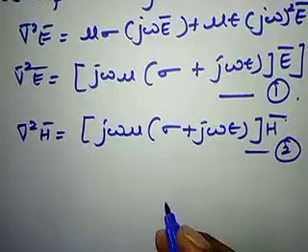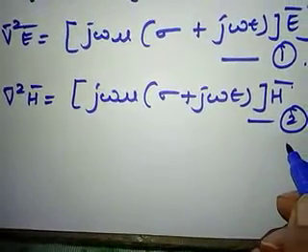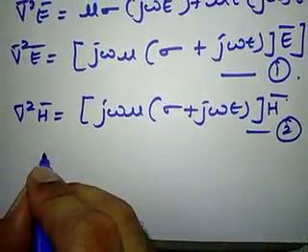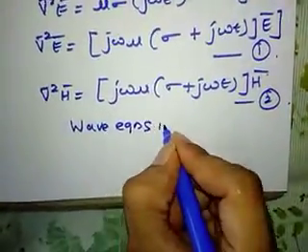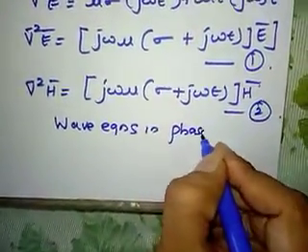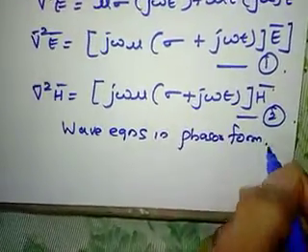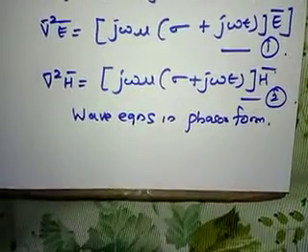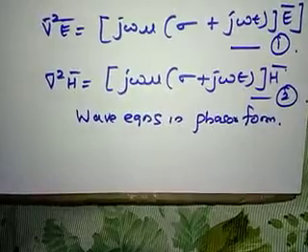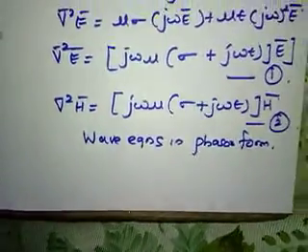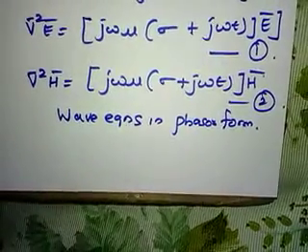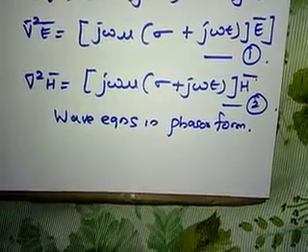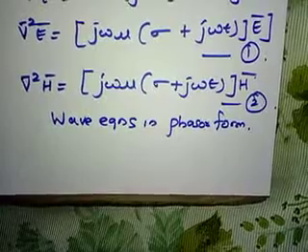These two equations, equation 1 and 2, are called wave equations in phasor form. The term inside the bracket is called the propagation constant, that is, the bracket term represents the property of the medium through which the wave is traveling.